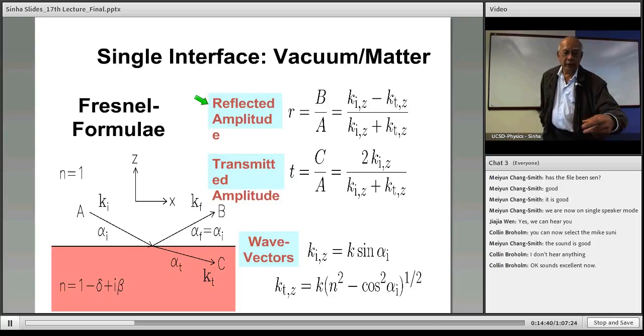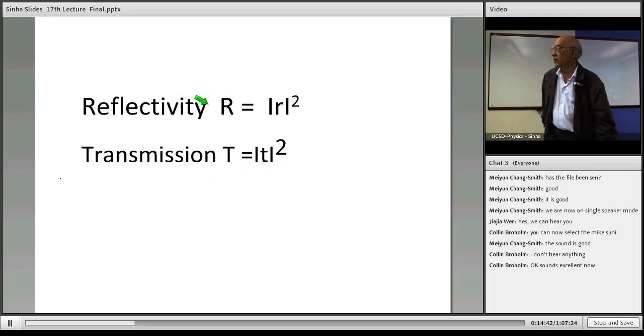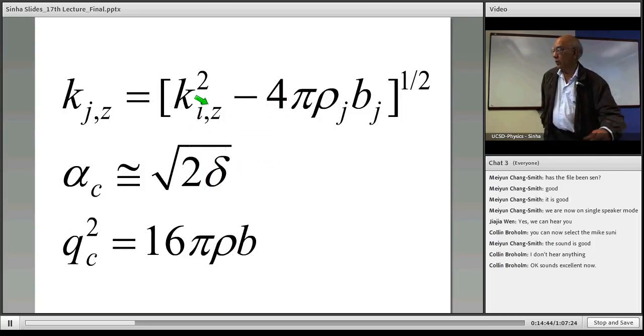And if I go back to my slide from before here, when you make the approximation that delta is small and that n is very close to 1, and that the sine alpha is very small and equal to alpha, you find that the critical angle for grazing incidence for total reflection is given roughly approximately by square root of 2 delta, to a good approximation.